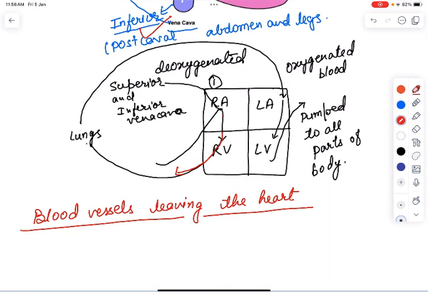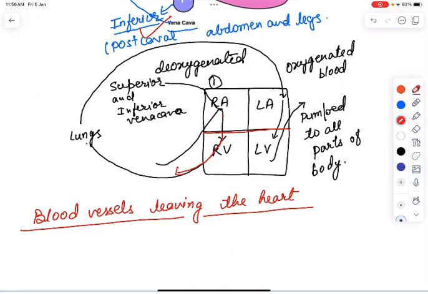Arising from the ventricles are two large blood vessels. First of all, I'll explain these auricles are always called the receiving chambers. Auricles are receiving chambers and these ventricles are called distributing chambers.